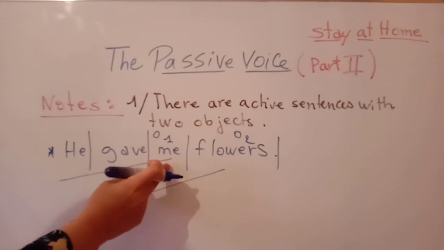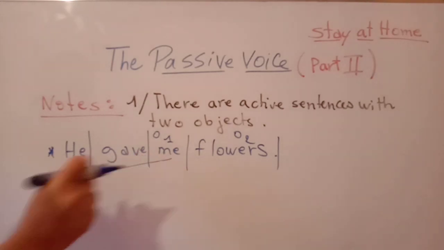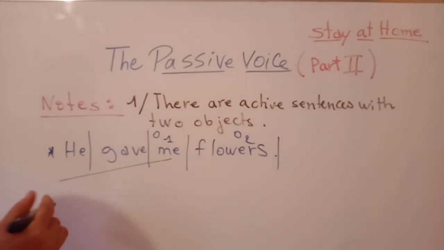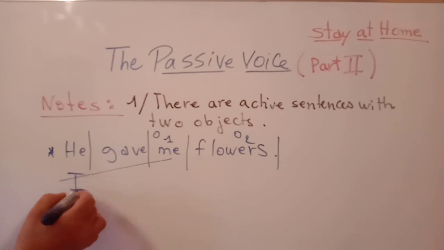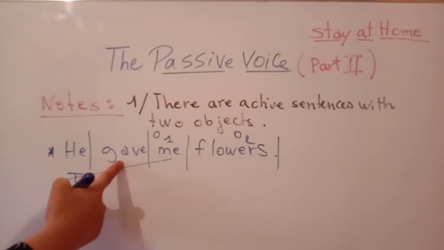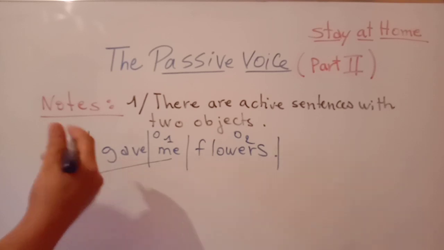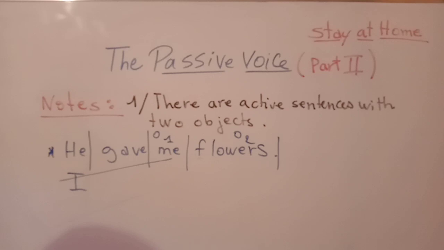So me is an object pronoun. When it becomes subject, it's I. Me becomes I. Gave here is simple past. So you remember that when the verb is simple past, to be also should be past. So the simple past of to be is was or were.